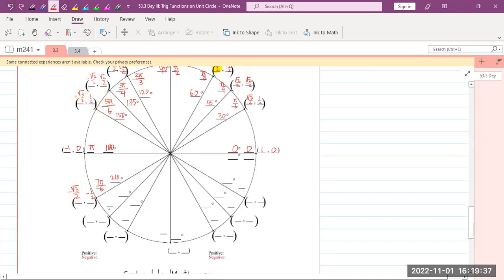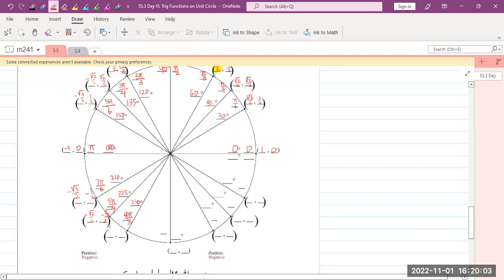Let me go on. Then 225 degrees, that's 5 pi over 4. The coordinate is negative radical 2 over 2, negative radical 2 over 2. 240 degrees is 4 pi over 3.